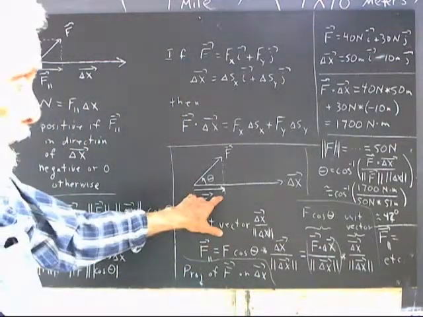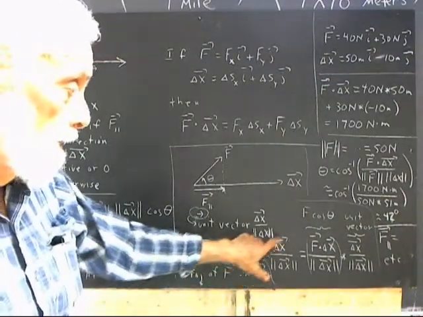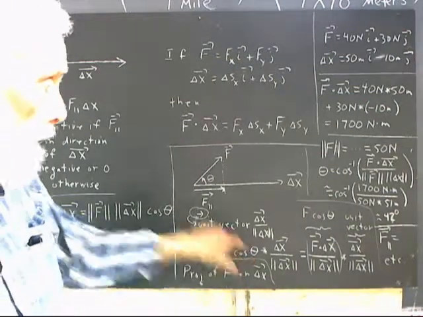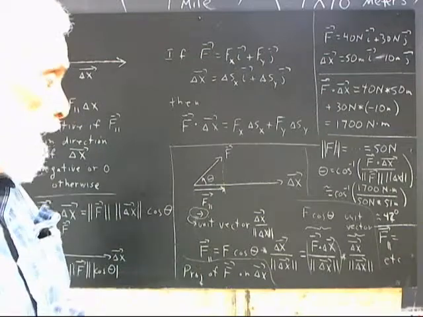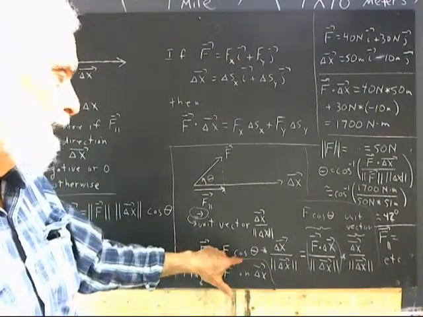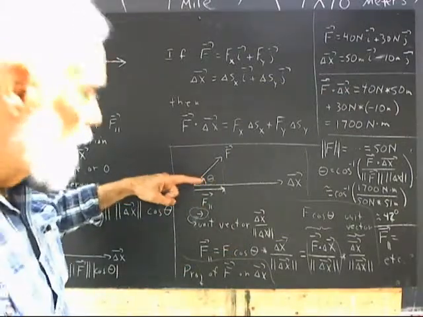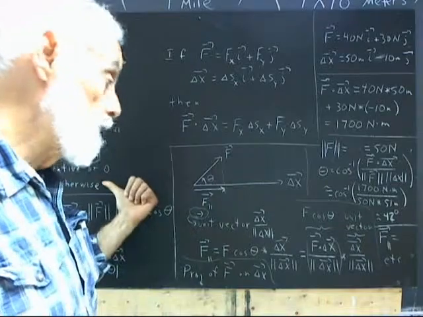The F parallel vector that you get here is F cosine theta times delta x over the magnitude of delta x. The F cosine theta is the length of this side of the triangle involving F, and it's positive if the parallel component of F is in the direction of delta x, negative if it's opposite.